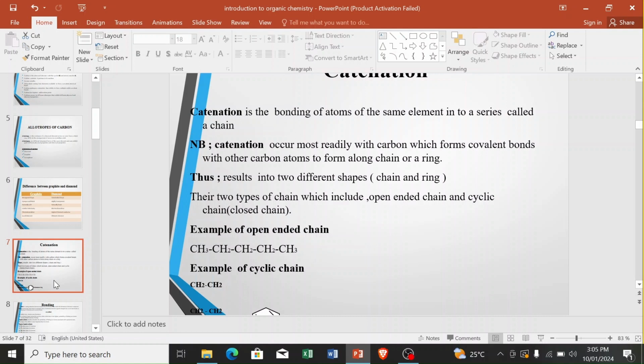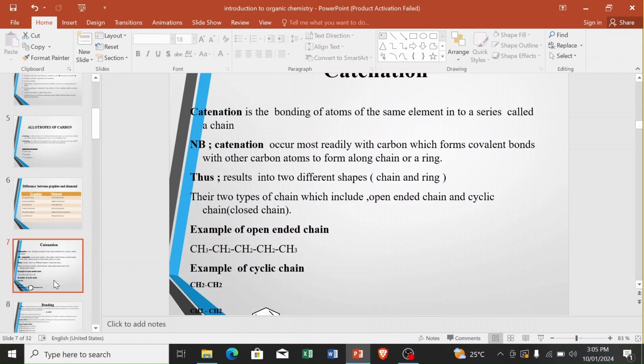However, when we look at this bonding, carbon can bond to itself using a single bond, or it can also have a carbon to carbon double bond, and we can also have it bonding to each other using a triple bond.